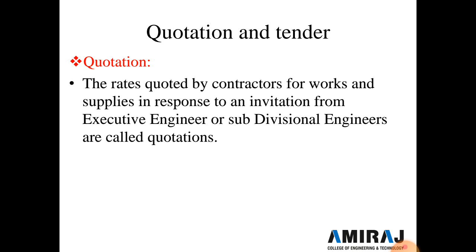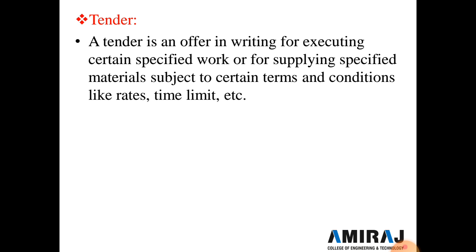The rates are quoted on a simple paper with required number of non-judicial stamps affixed on it, and no earnest money is required with a quotation. Quotations are invited in piece work system of allotment of work.